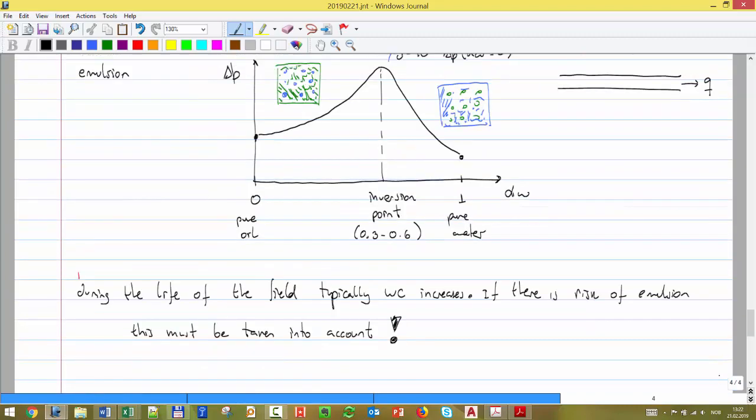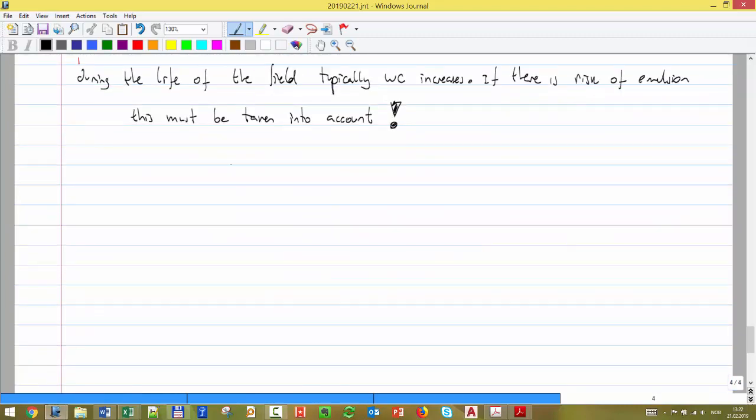So the way we deal with this emulsion problem, people typically say, well, we are going to use the same equation as for a single phase fluid, but we back calculate the viscosity of the mixture that will give the same pressure drop. Basically it gives you a very similar curve like that.